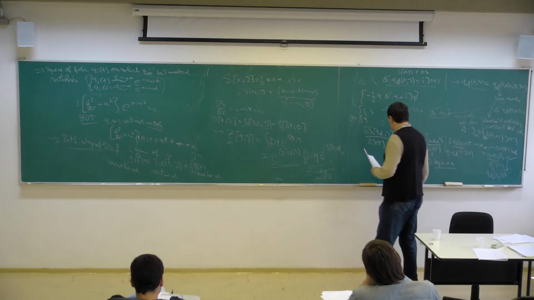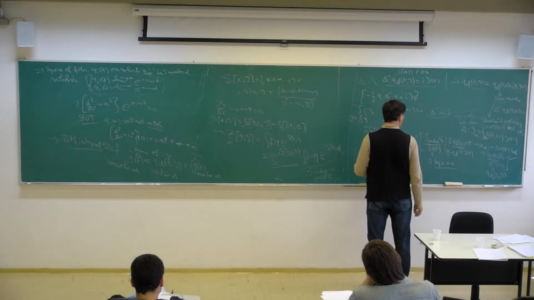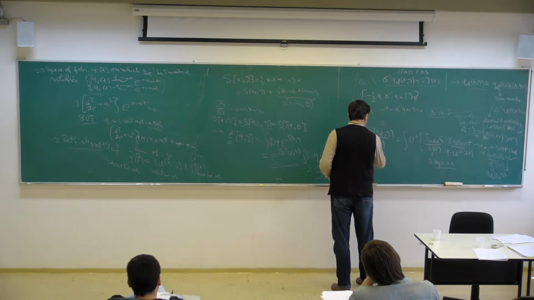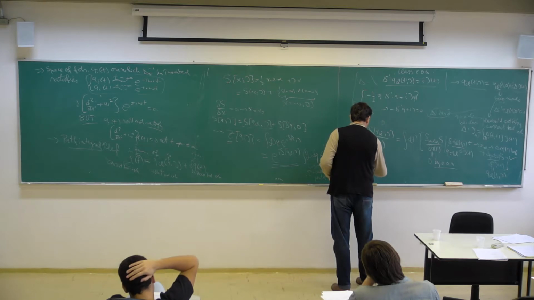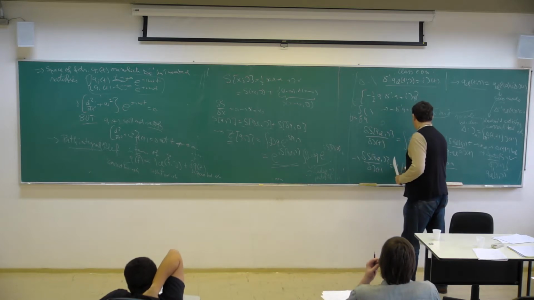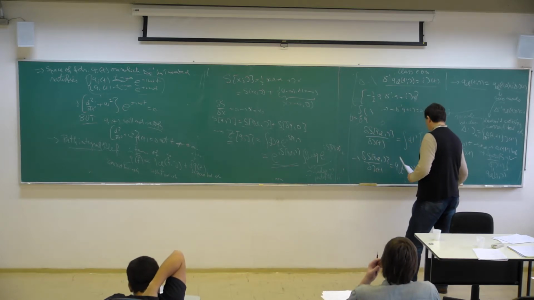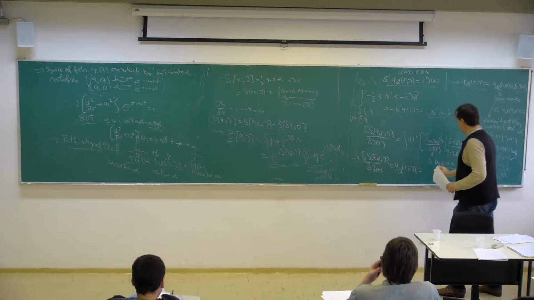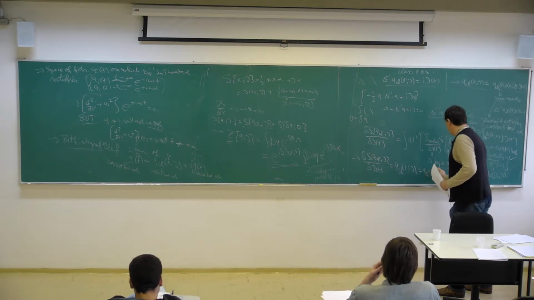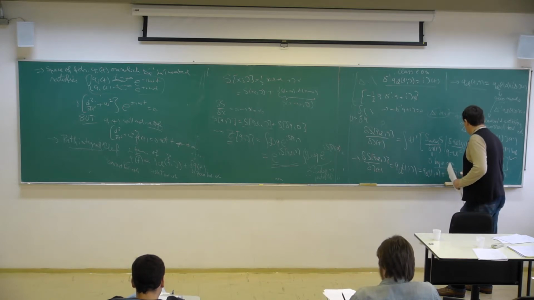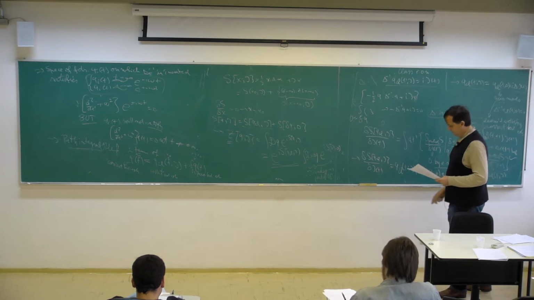So that means that the variation of S of q classical and J with respect to J of t is q classical of t and J, which itself was the zero mode q classical of t and 0 plus i delta J.